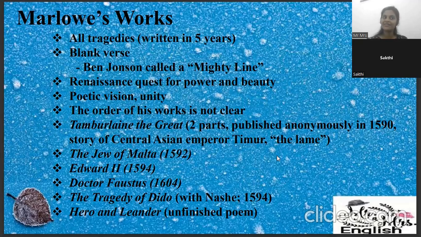So that is the significance of Marlowe's heroes. Though they are ruthless, very masculine, violent or over ambitious, still they win a kind of sympathy from the audience. That is the peculiarity of the Marlowean hero. Then so many inner conflicts will be there.